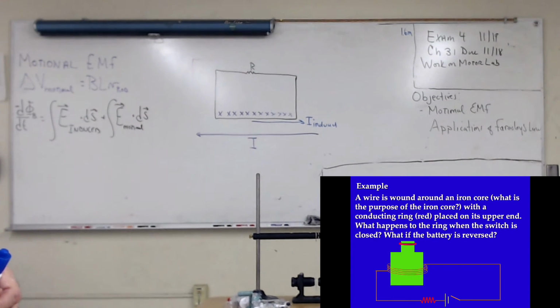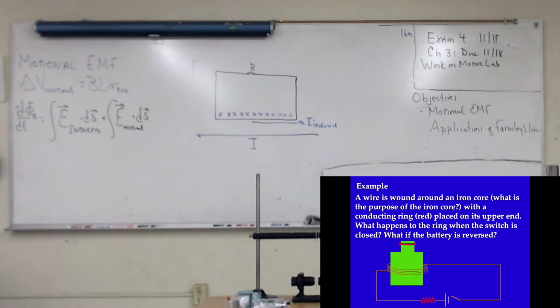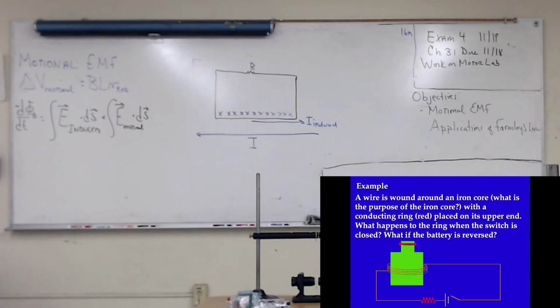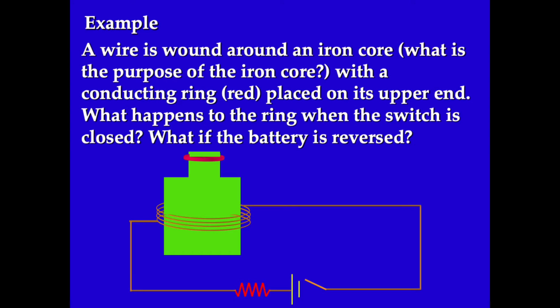Imagine a coil wrapped around a piece of iron. And at the top there's a metal ring that sits, as you see in the figure, that red thing.